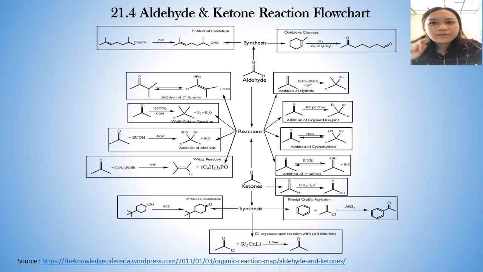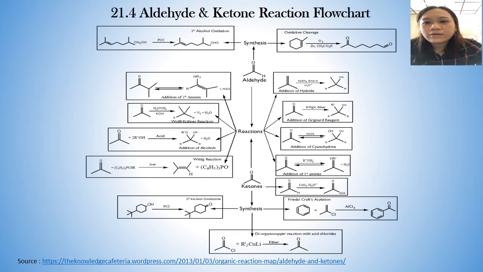For the reactions flowchart, this is the summary of the reactions for aldehydes and ketones, whereby we have the synthesis of aldehydes from primary alcohol oxidation and oxidative cleavage, and ketones synthesized from secondary alcohol oxidation, Friedel-Crafts acylation, and diorganocopper reactions with acid chlorides.